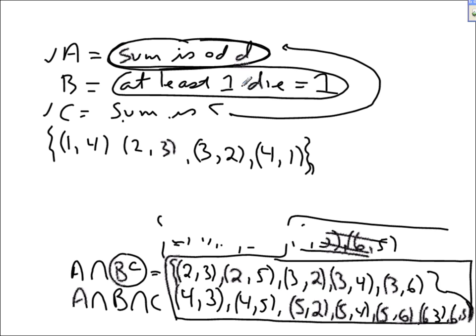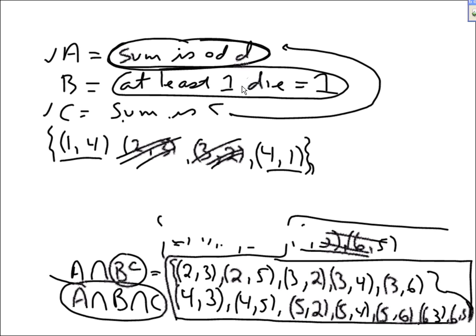For the intersection, we have to satisfy all 3. The middle one says at least one die is a 1. This one doesn't have at least a 1. This one doesn't have at least a 1. But the first and the last do. That is, the answer to this one is the set that contains 1,4 and 4,1.